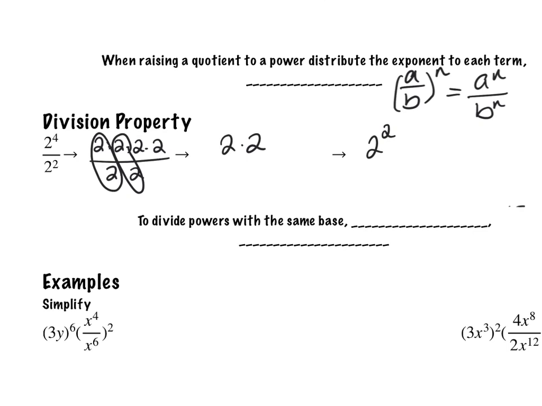So now let's think for a second. How do the 4, the 2, and this 2 relate to each other? How could I get from those 4 and 2 to that 2? 4 minus 2 is 2. So when I divide powers with the same base, I subtract exponents.